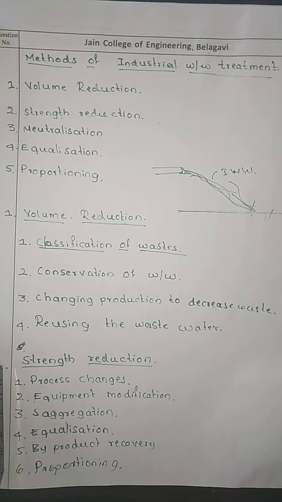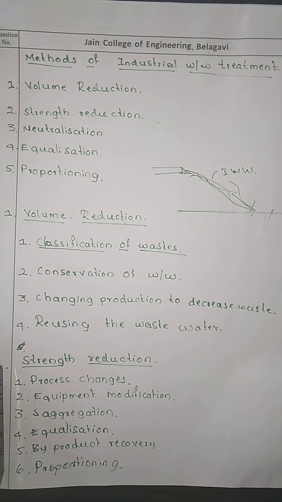In the classification of the waste we have 3 sub classifications: the waste from the manufacturing process, the water used in the cooling agents, which is supplied as undiluted effluent processes, and the waste from the sanitary.